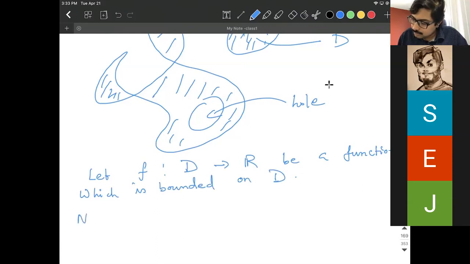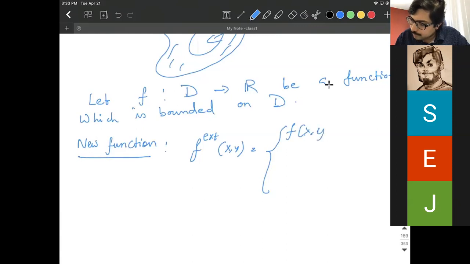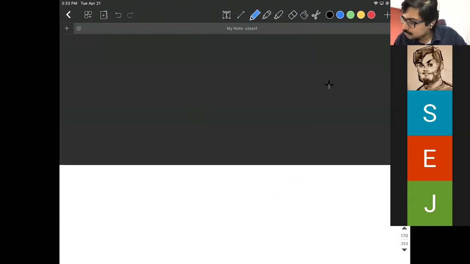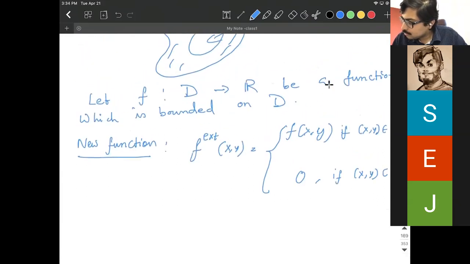So a new function, call it, just to give a name, f-tilde of x comma y. So this is defined by, it's a simple definition. It's f of x y if the point belongs to D, otherwise just define this to be 0, if the point is not in D.